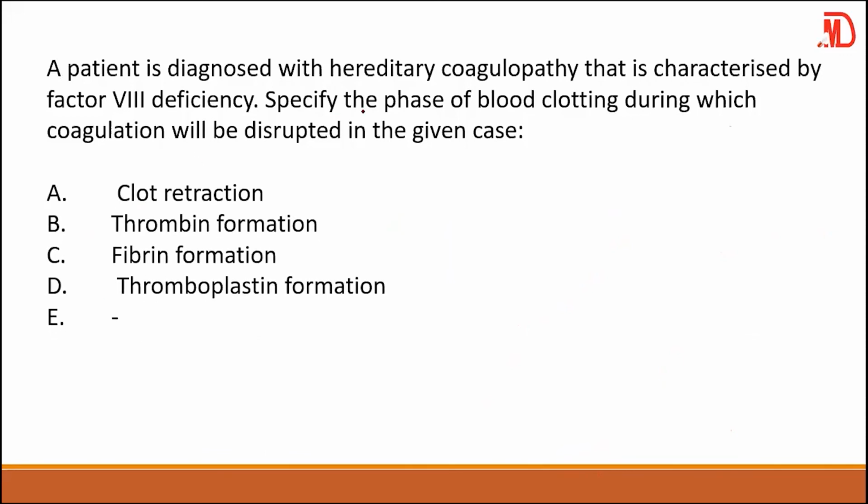A patient is diagnosed with hereditary coagulopathy that is characterized by factor 12 deficiency. So this is actually hemophilia A. Some of you might have heard it before, or you know it already. Sorry, I said factor 12.